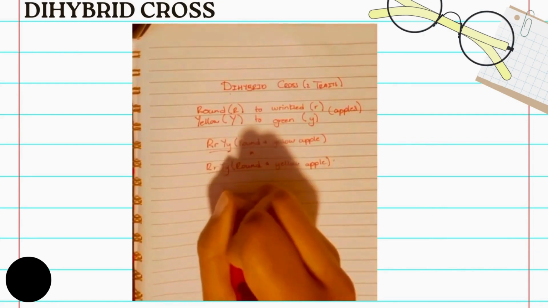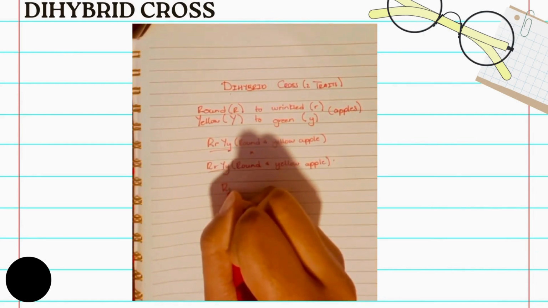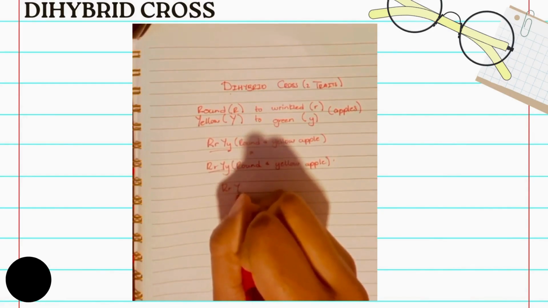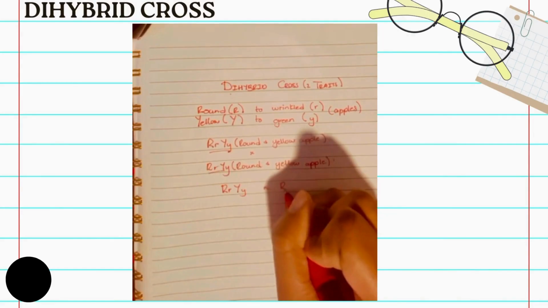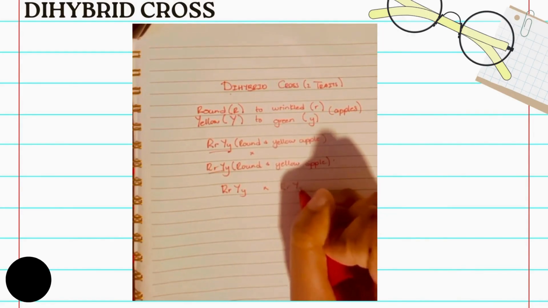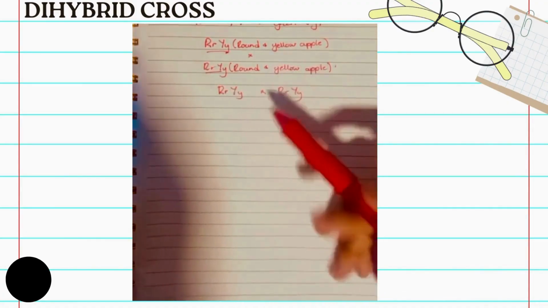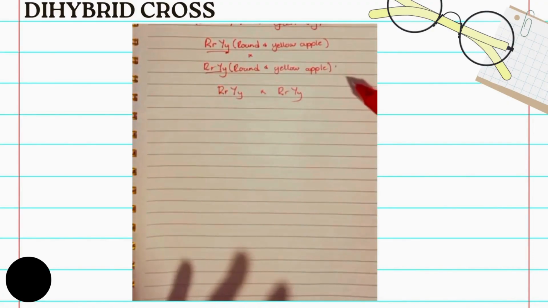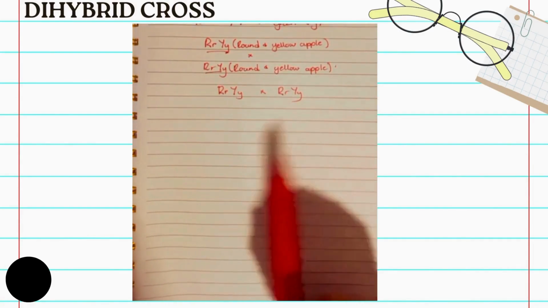What we do here is a bit different from the monohybrid cross. First, before you start drawing your squares, you have to separate the traits. This is how you're going to separate it. You look at the R, and you pair it with the other trait's alleles.